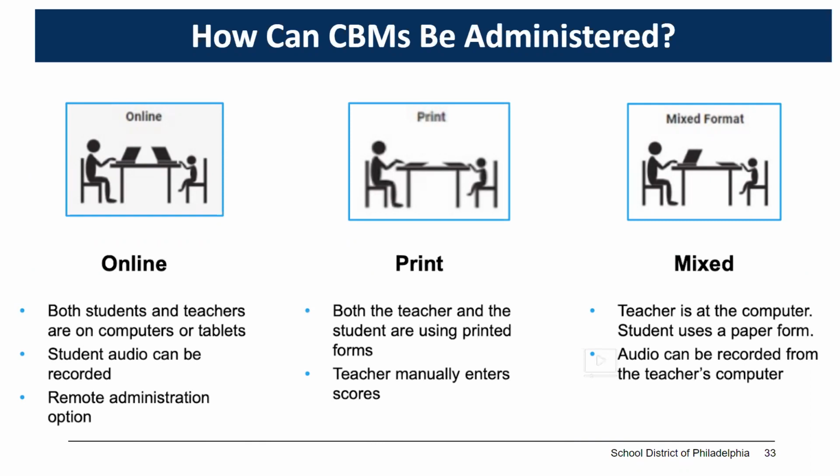Print administration requires the fixed forms to be printed for both teachers and students. The platform will provide which form to print out for students, and the scores will be manually entered by the teacher into the platform once that 60-second assessment has been administered.